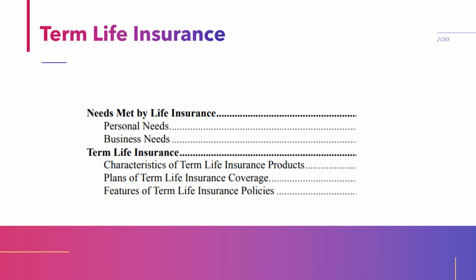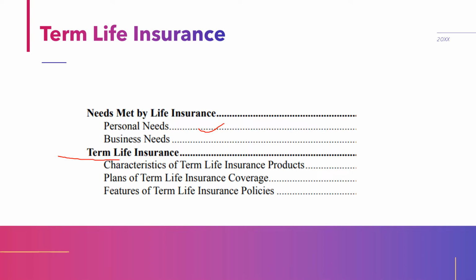So in term life insurance, we need to cover personal needs, business needs, and the term life insurance. So now we'll start with the personal need. Let's suppose an example. If a person dies due to any circumstances, and the family suffers serious problems like rent, bills, food, clothes, and other necessities to survive.